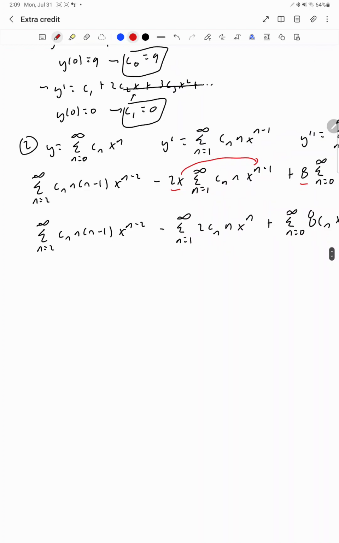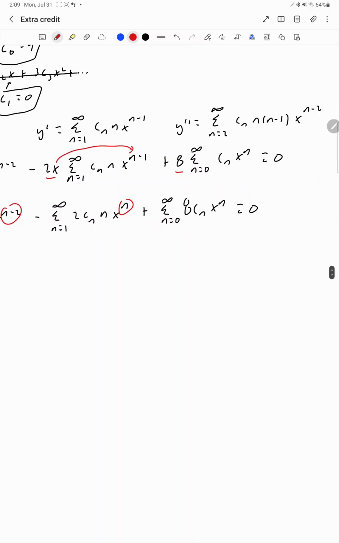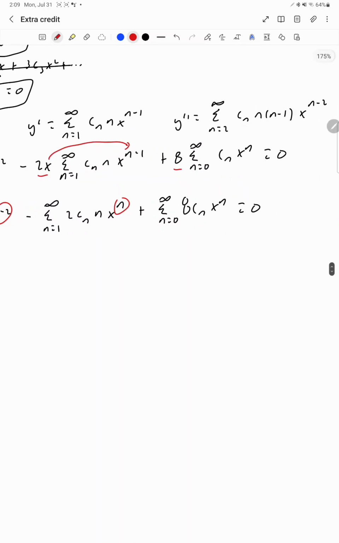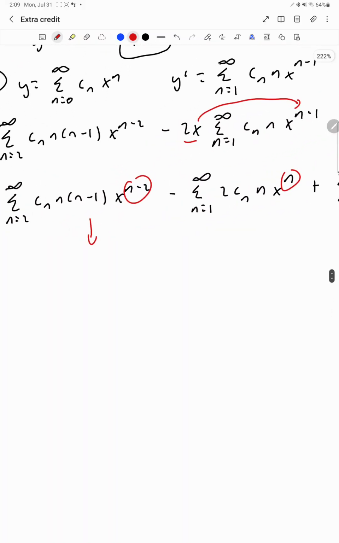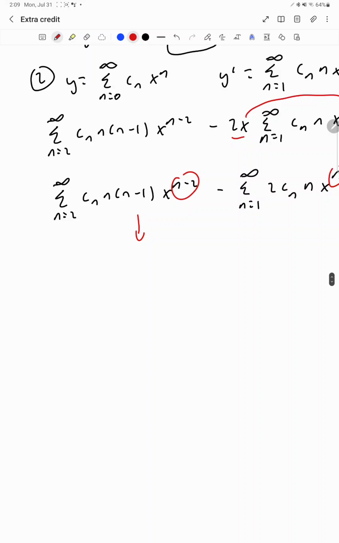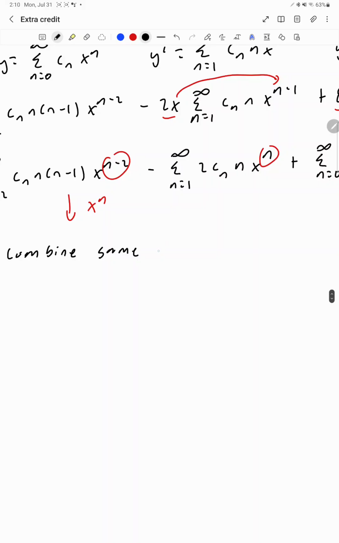Now we want to make all the powers of x, like x to the n and x to the n minus 2, the same. So we're going to change this power to be x to the n. We want it to be x to the n. And how we're going to do that, so this is our third step, combine same x powers.